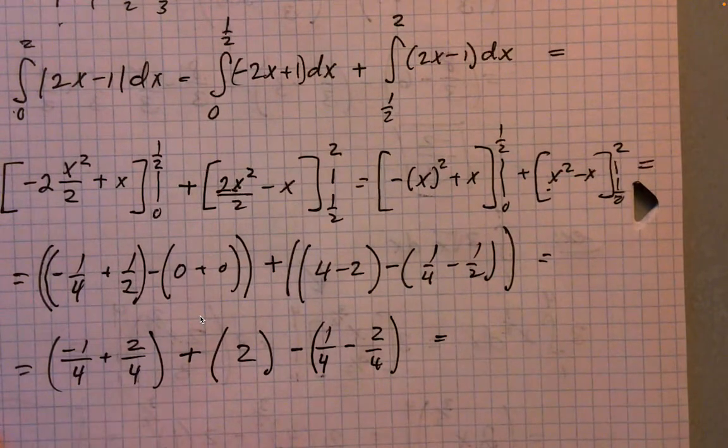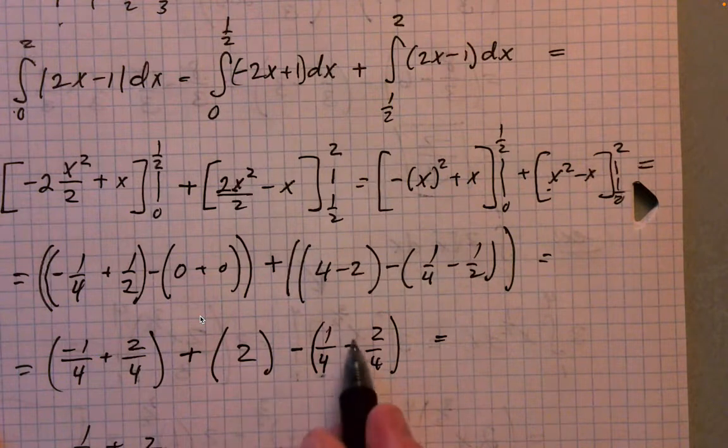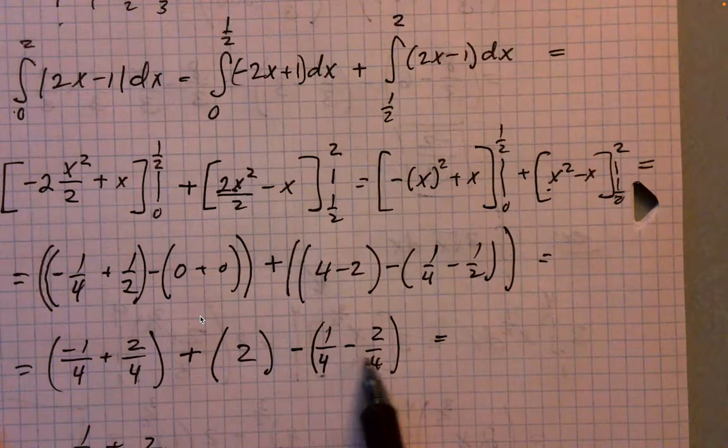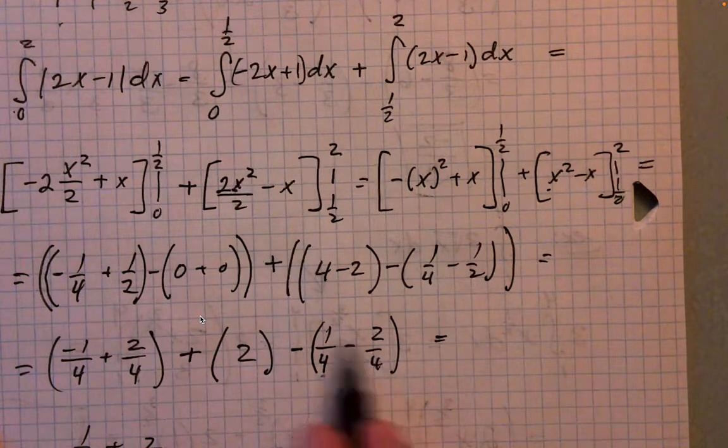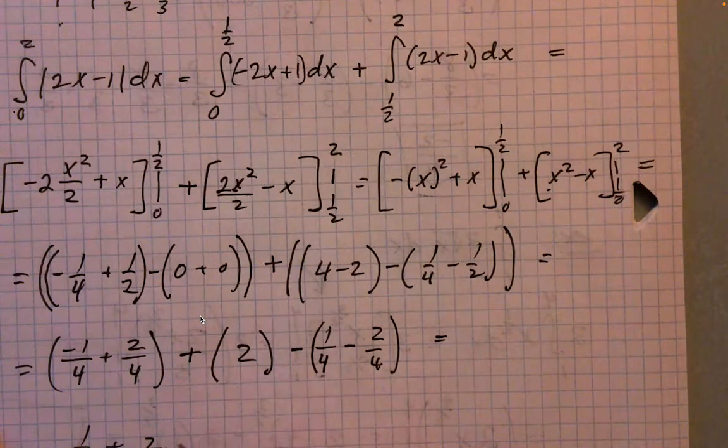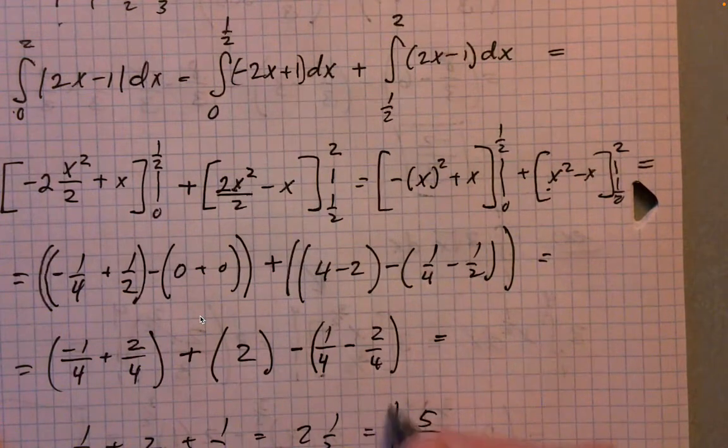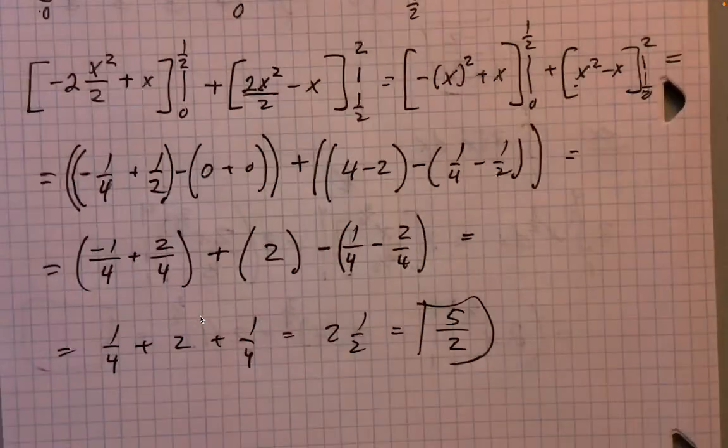Okay, so up here I've got 1/4 plus 2, and then this will be 1/4 minus 2/4, so minus 1/4, but it'll actually end up being plus another 1/4. And so this would be like 2.5, otherwise known as, I think, better written as 5/2. Okay, so there you get to the 5/2.